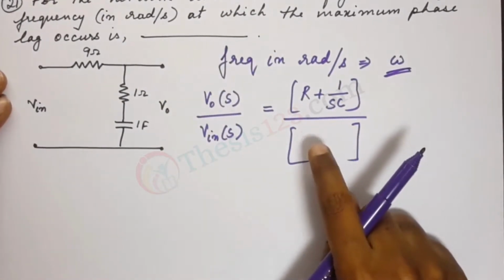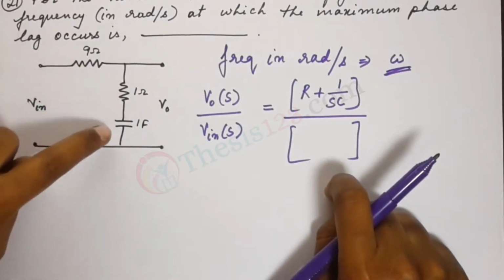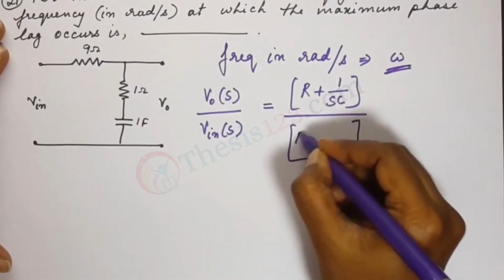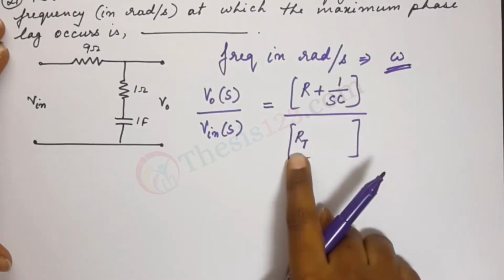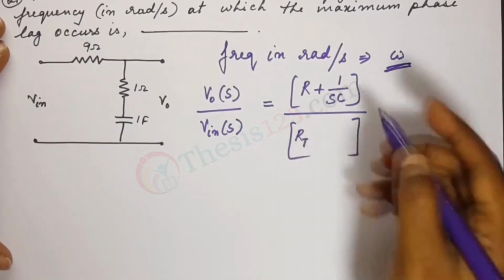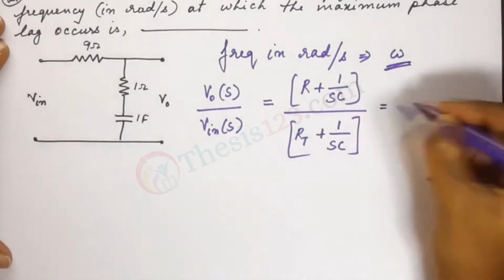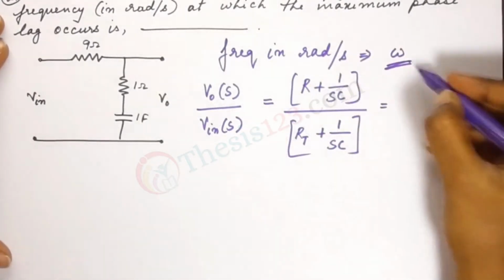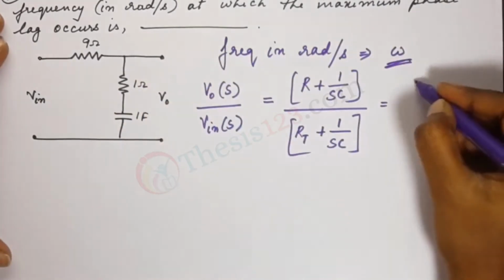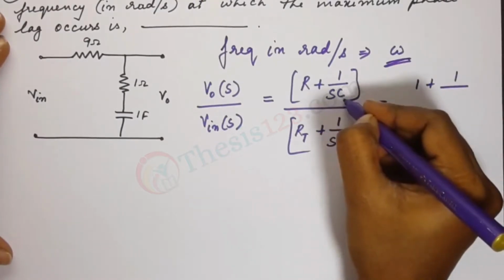Next, we need it in terms of the input. Now the input covers two resistances and the capacitance. So here we would have the total, I'm writing it as RT to indicate the total resistance, plus 1 by SC. Now let's plug in the values. We have R here as just this value over here, 1. So that's 1 plus 1 by SC.